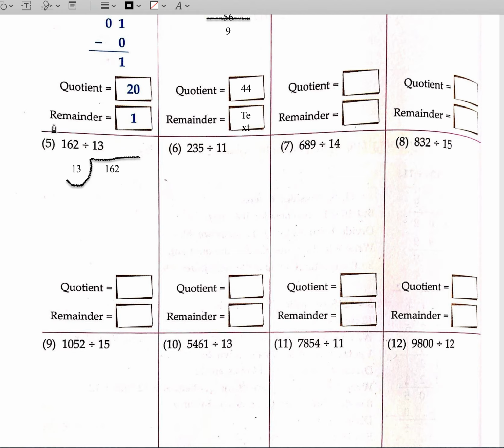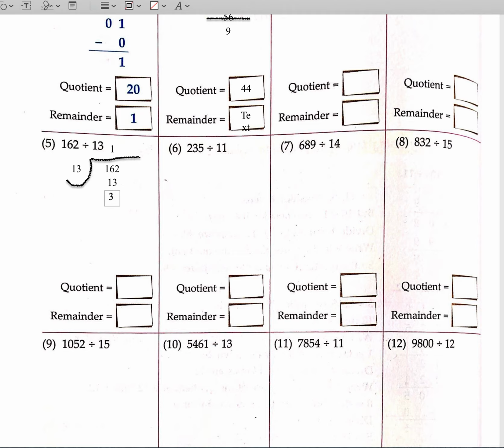So now 16 tens, 16, we need to divide by 13 first, so we'll write 1 over there. Because 13 ones are 13, which is smaller than 16. So now we will minus, 16 minus 13, which is equal to 3.